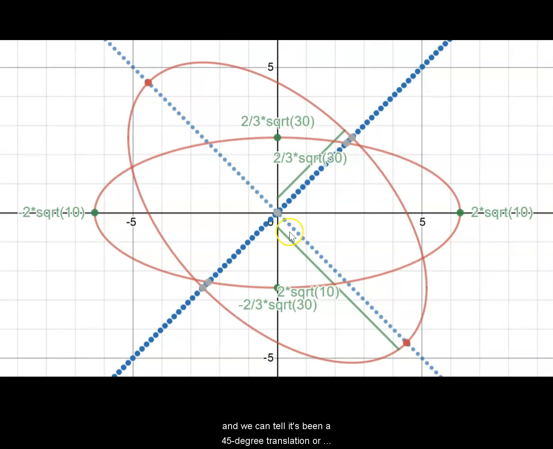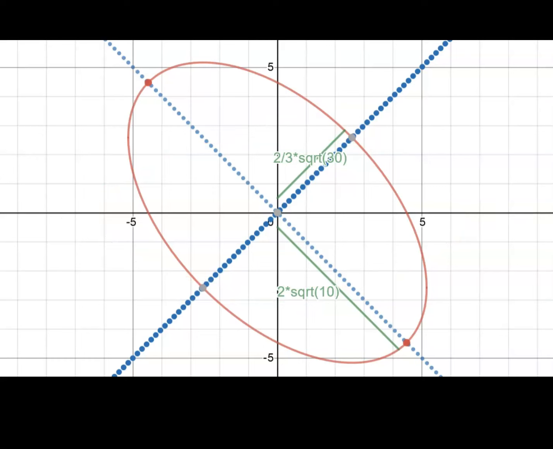There's been a 45-degree rotation, and we can tell because of the rotation matrix that we can look at from my P matrix. Think about that P matrix as the transformation matrix for the rotation or reflection that we have for the actual graph we want to look at.